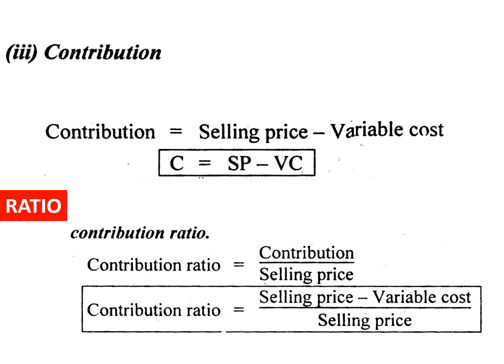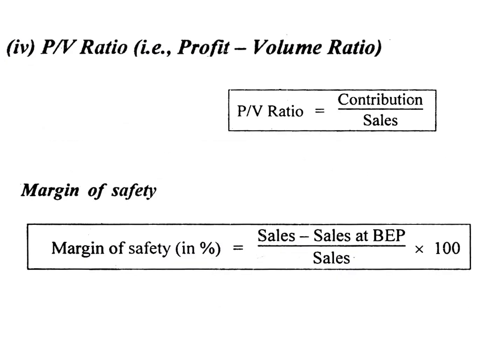And contribution ratio is nothing but selling price minus variable cost divided by selling price. And the final formula is profit to volume ratio, that is nothing but contribution to the sales. And the next one is margin of safety, that is in percentage: sales minus sales at BEP divided by sales into 100 is the formula.